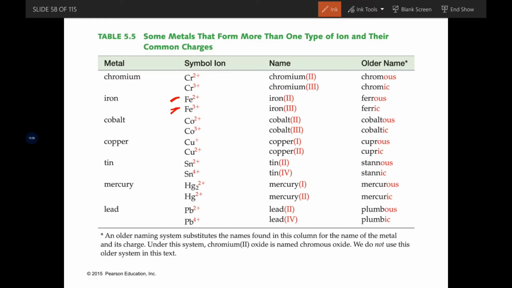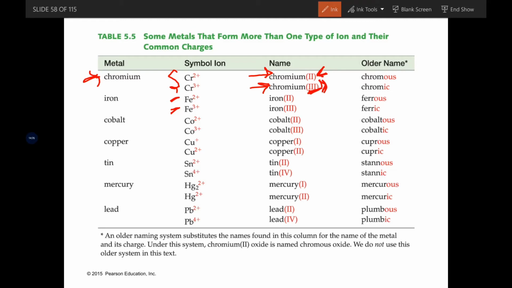So let's take a look at chromium here. Chromium exists in two charge states, either chromium 2 or chromium 3. For chromium 2, we write chromium with Roman numeral II in parentheses. Chromium 3, on the other hand, has Roman numeral III in parentheses. That is true for the rest of the elements. The charge is indicated in Roman numerals in parentheses like we did here for chromium.